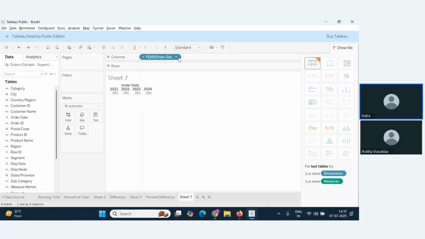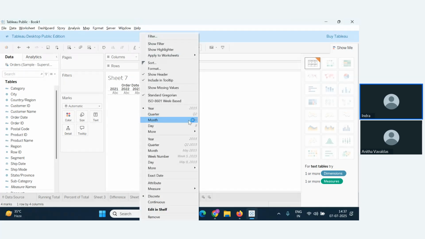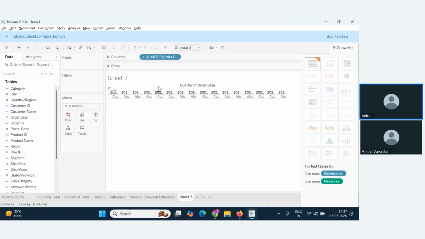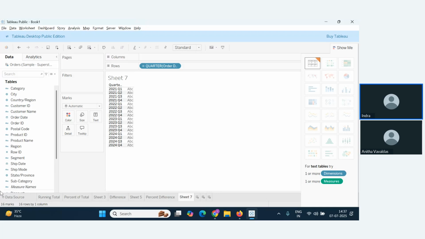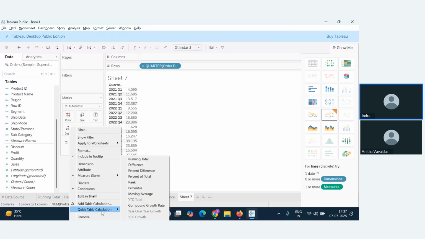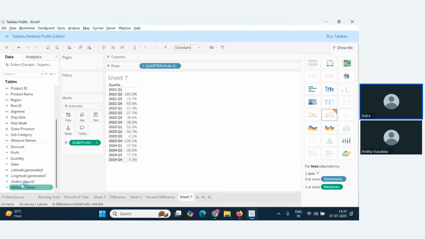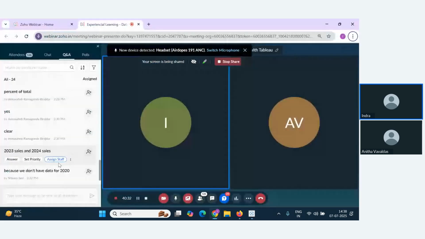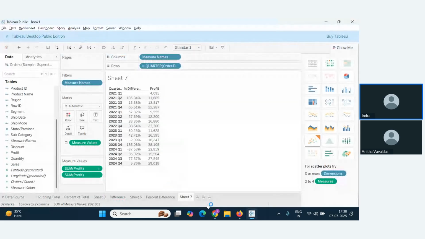Then I'll take profit. Now I'll click on this drop down and select percentage difference. Take profit. This is the quarter wise result now. This is the profit level and this is the percentage difference. This is percentage.